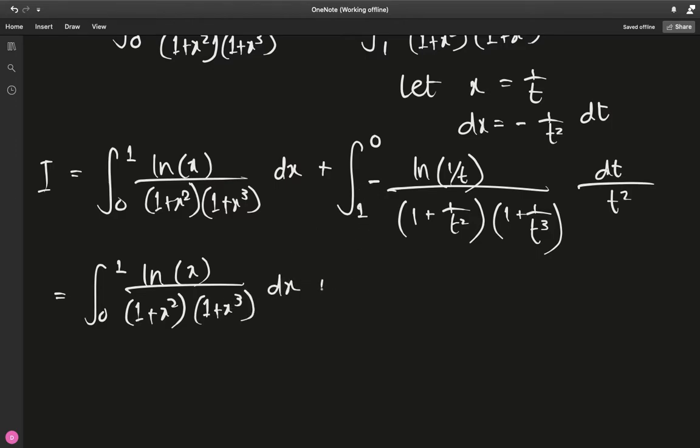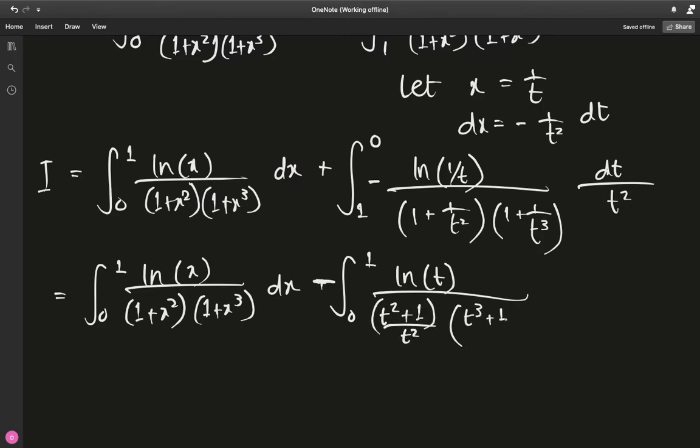This negative can be used to flip the upper and lower bounds, 0 to 1, but natural log of 1 over t can be written as negative natural log of t over, taking the LCM here, we have t squared plus 1 over t squared and t cubed plus 1 over t cubed and dt over t squared.